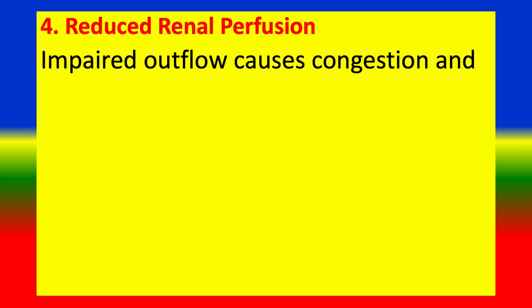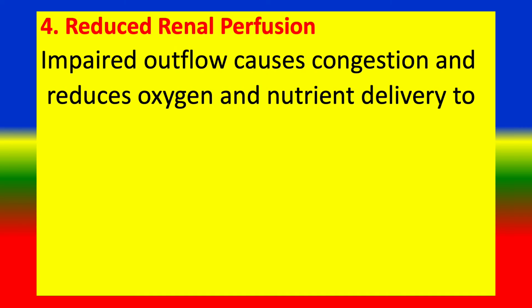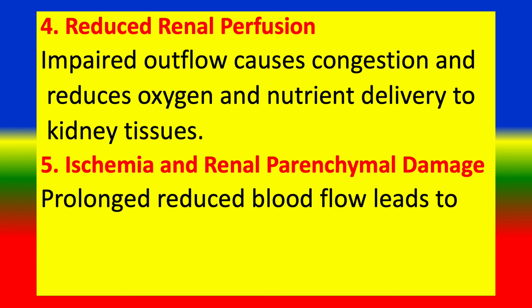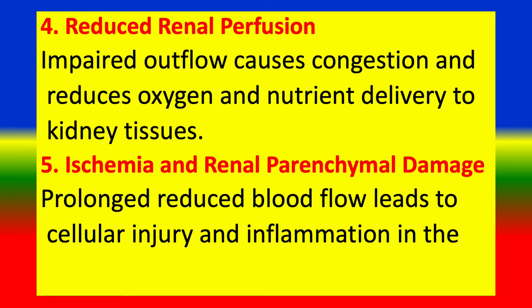Impaired outflow causes congestion and reduces oxygen and nutrient delivery to kidney tissues. 5. Ischemia and renal parenchymal damage. Prolonged reduced blood flow leads to cellular injury and inflammation in the kidney.